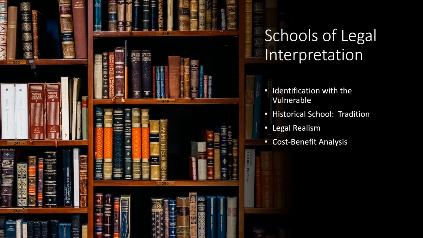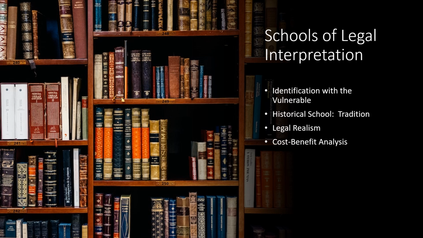Let's talk about schools of legal interpretation. So the book talks about these: identification with the vulnerable, the historical school, which is based on tradition, legal realism, cost-benefit analysis.